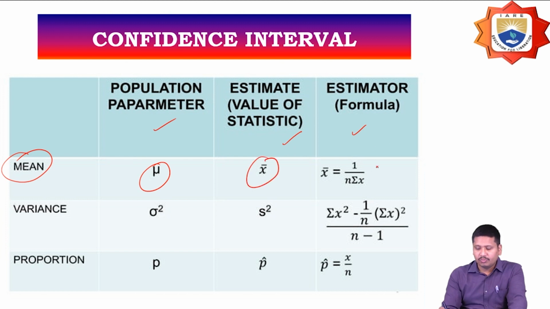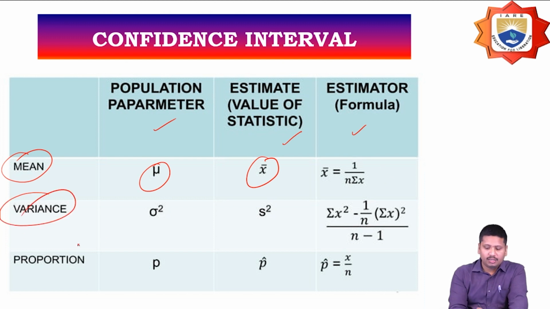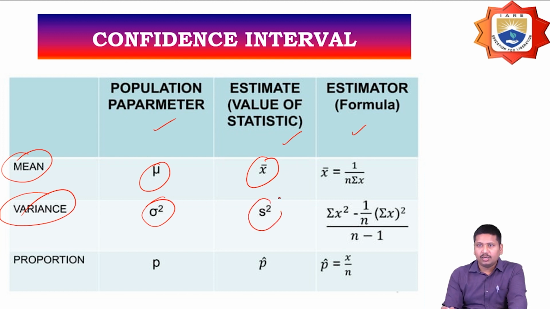So x bar is 1 by n into sigma x, and the variance, sigma square, is written as s square here, and it is calculated as sigma x squared minus 1 by n into (sigma x) whole squared, divided by n minus 1.